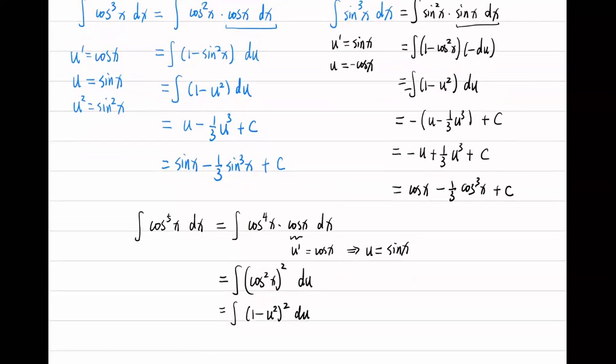Okay, again, from a trig integral to a polynomial. And that's easy. We just expand and integrate term by term.